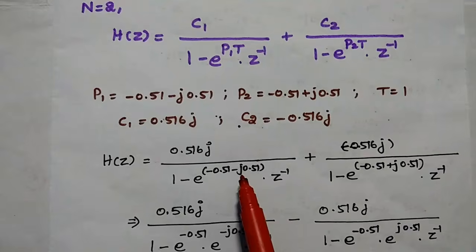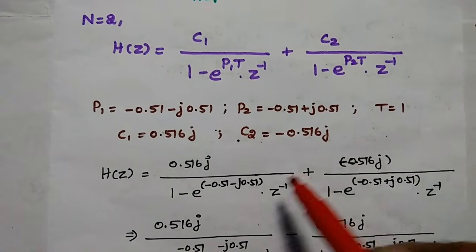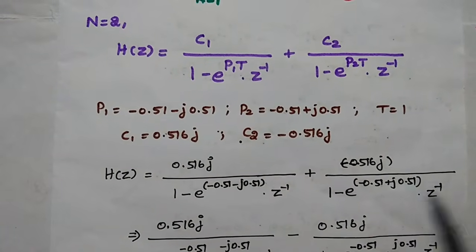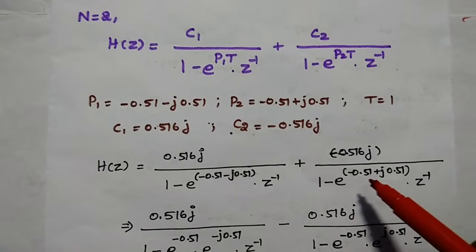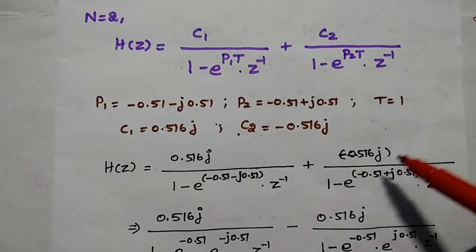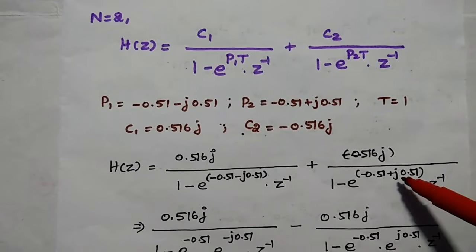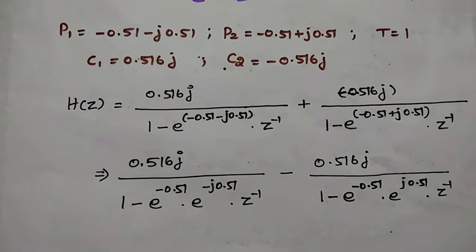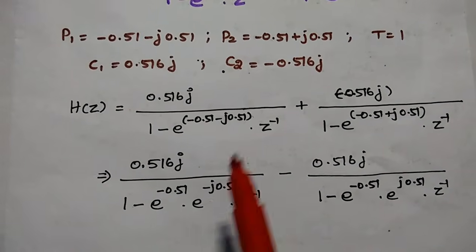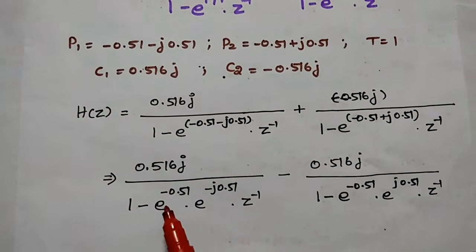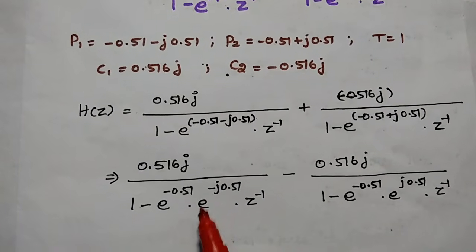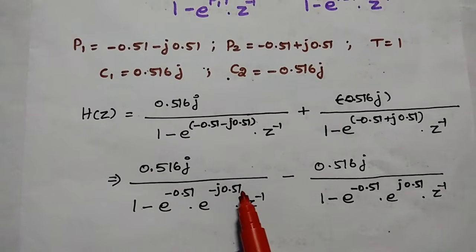So we can substitute those values here and T value is 1. So it is simply multiplied with 1. Okay, there is no change here. So similarly here it is P2 value is what? Minus 0.51 plus j 0.51. The exponential terms can be multiplied inside, that is e power minus 0.51 into e power minus j 0.51.